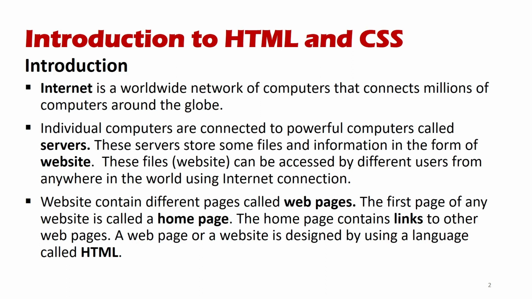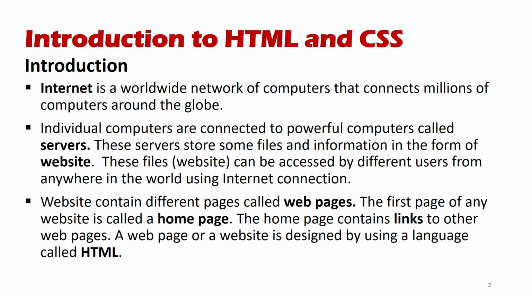Internet is a worldwide network of computers that connects millions of computers around the globe. Individual computers are connected to powerful computers called servers. These servers store some files and information in the form of website. These websites can be accessed by different users from anywhere in the world using internet connection.